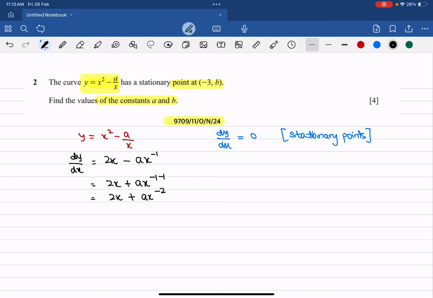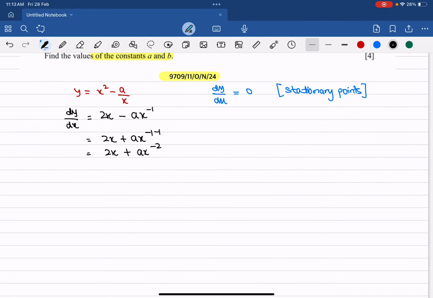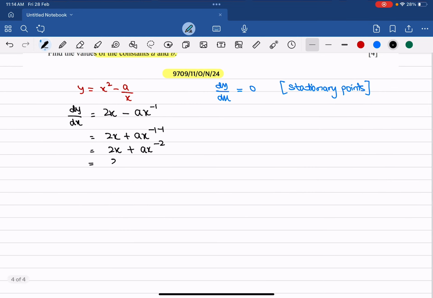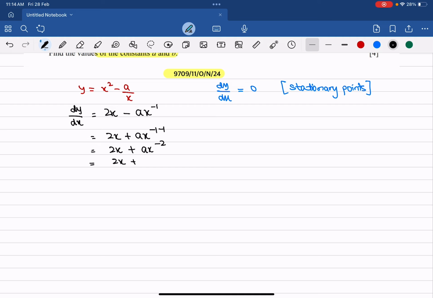The standard way is to write all answers in positive powers, so I'm going to send the x with its power back into the denominator. This is a over x squared. So the differentiated equation is 2x plus a over x squared.